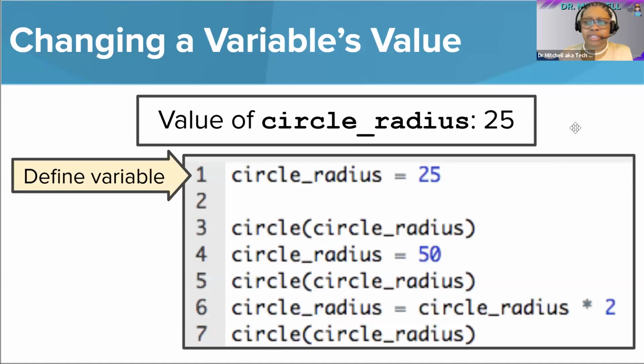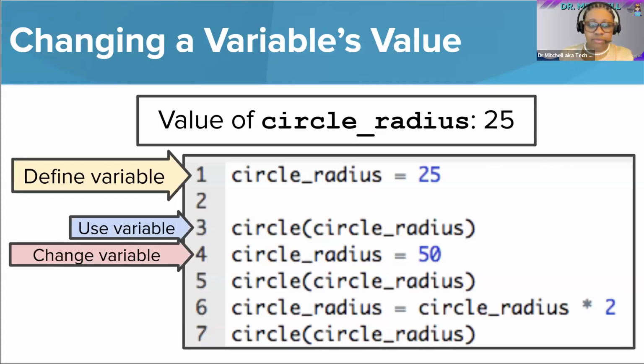Again, here's another value of circle underscore radius. It is assigned 25. And then we use it here, but you change the variable, and so it becomes 50 because we changed it through multiplying it by 2.